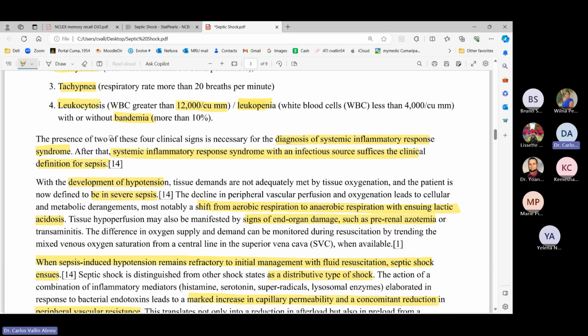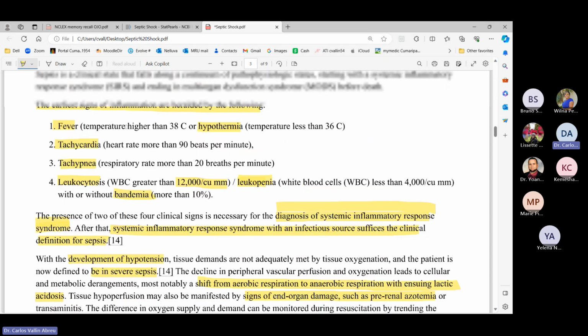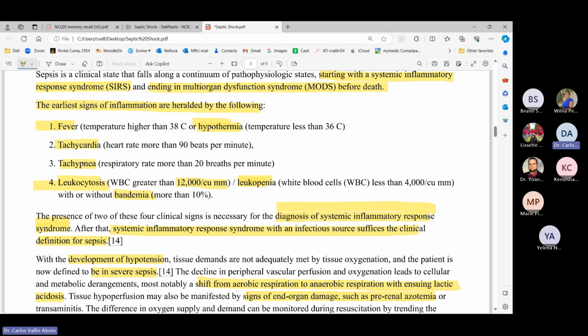They say the presence of two of these four clinical signs is necessary for the diagnosis of systemic inflammatory response syndrome. Guys, this is the first step in the clinical evolution of a sepsis, of a septic shock. First, the client has the infection, and the infection is systemic, so it spreads beyond the site of the infection. Then there is at least fever or hypothermia, leukocytosis or leukopenia.